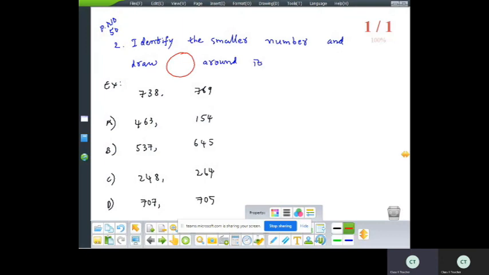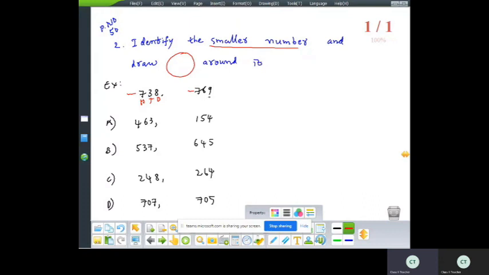Now, first find the smaller number. See the example: the given numbers are 738 and 769. We have to find the smaller number and put a circle around it. Same process as the first problem. First locate the place values: ones, tens, hundreds.